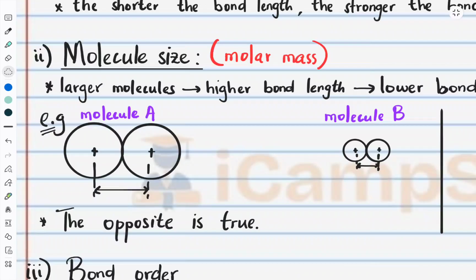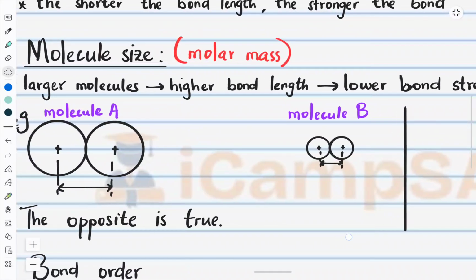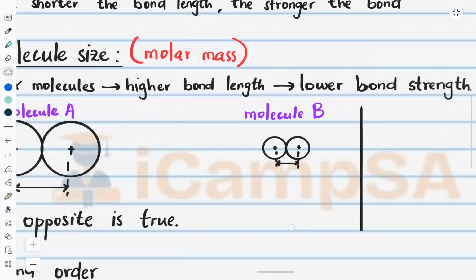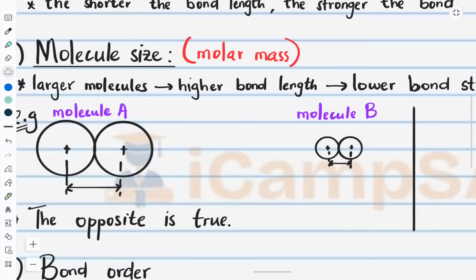So the larger those atoms, which obviously means a larger molecule, they will not be able to move close enough to one another, and then they will usually have a higher bond length because of that, and as a result their bond strength will likely be lower. While if the atoms combining to form molecule B in this case are small, they are able to move closer to one another, as you can see with this distance here, right?